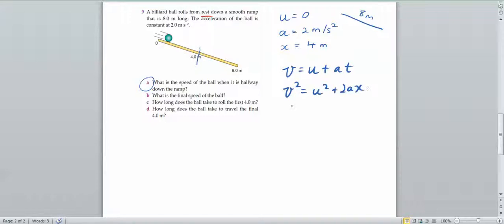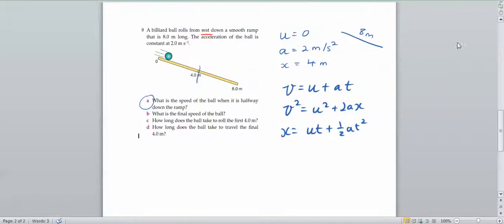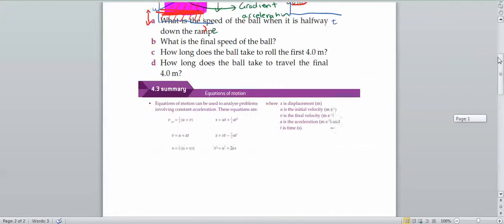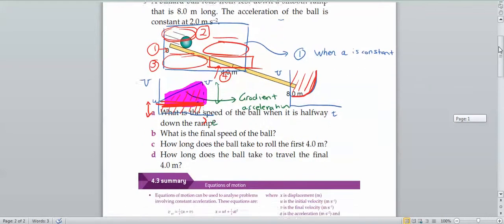We've got x is equal to ut plus a half at squared, and so on. And what else have we got? I guess they're the three main ones. Are there any other ones that we need to cover?